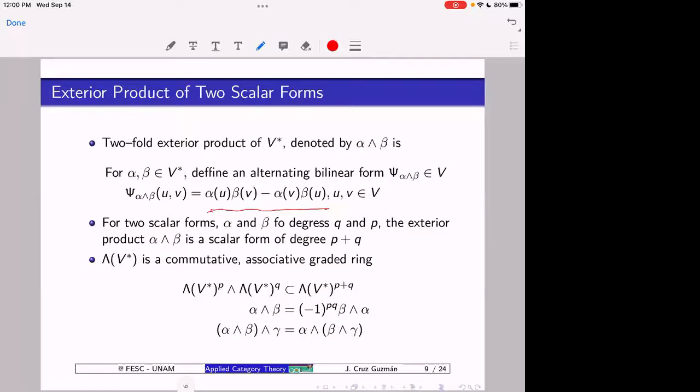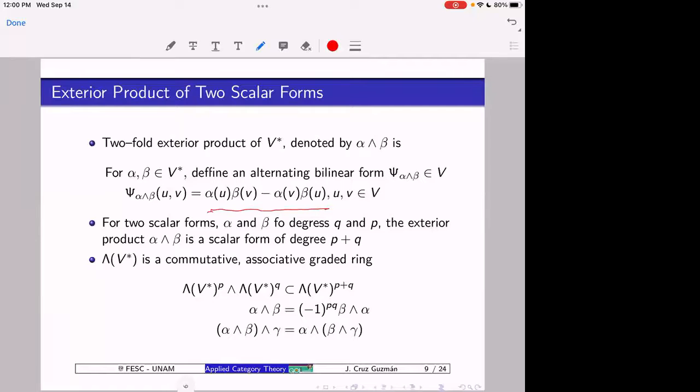Yes, I think that here is the relation with the V space, but we are defining those in the dual space. You're defining the Grassmann algebra on the dual space. In the dual space, yes.